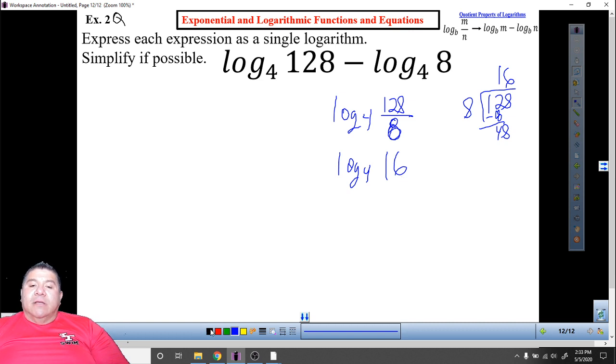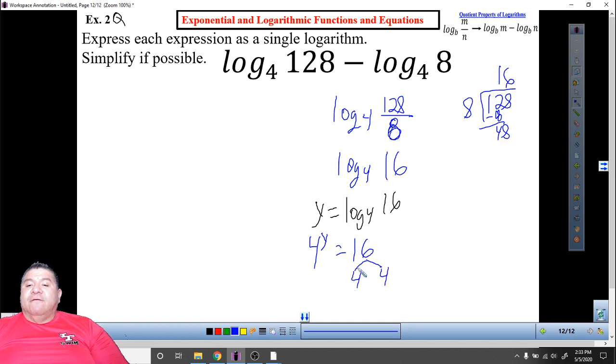All right, and what do we do to solve? Set it equal to y. y equals log 4 of 16. All right, so what is our base? 4 to the y power equals 16. Do we have the same base on each side so we can solve? No. So this has to be base 4, so 16 divided by 4 is 4.